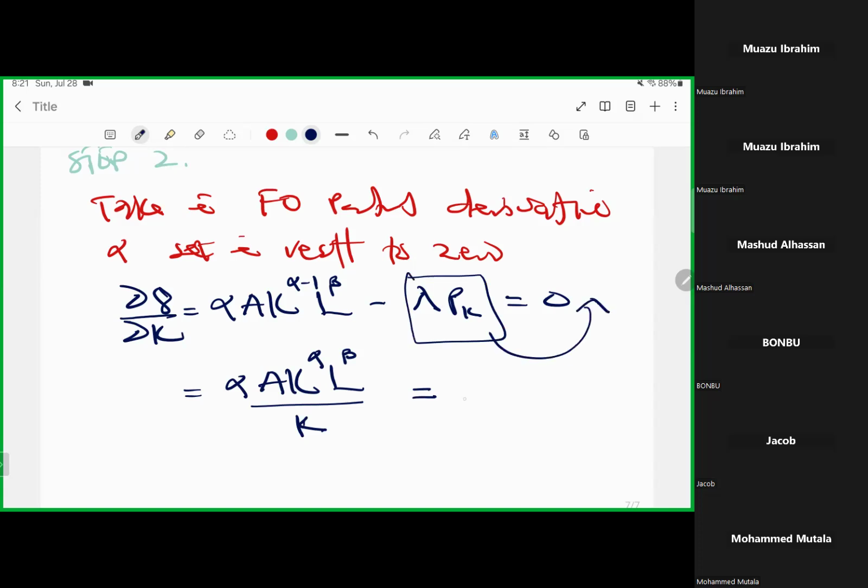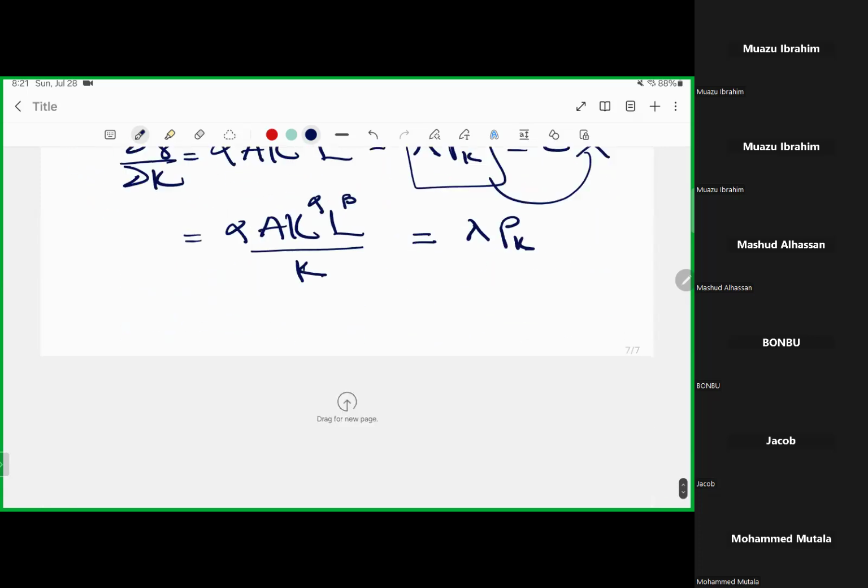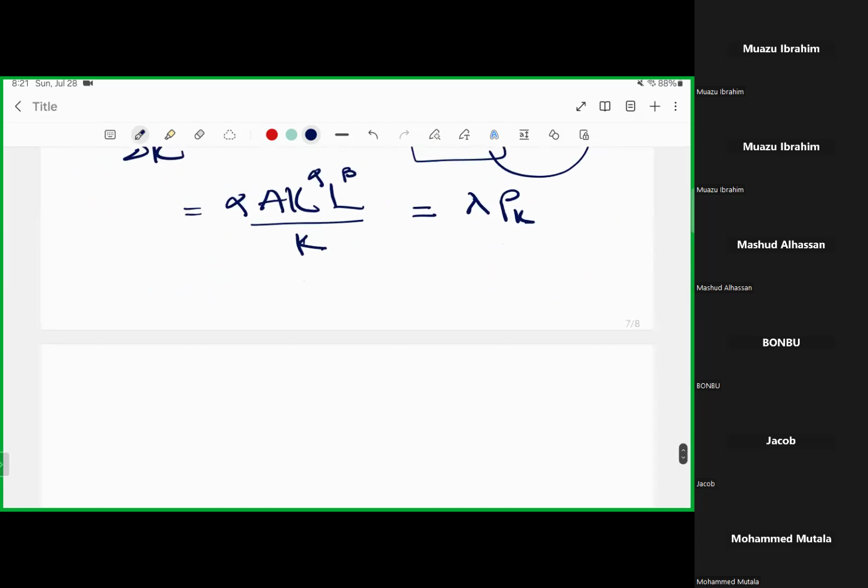When it crosses, it becomes positive, the price of K. What can you also find here? From here, you will see that Q is the same thing as A K^alpha L^beta.